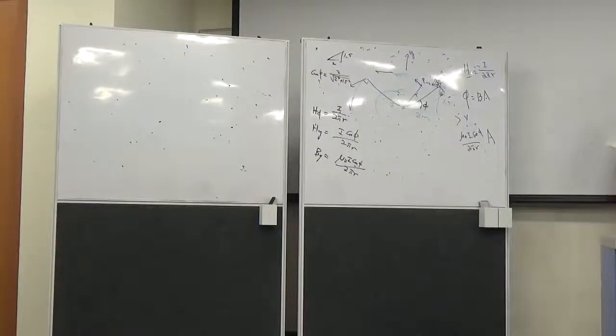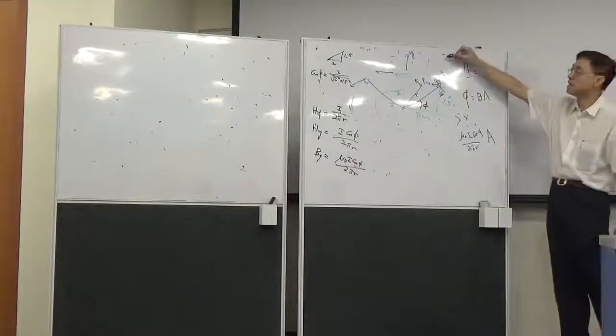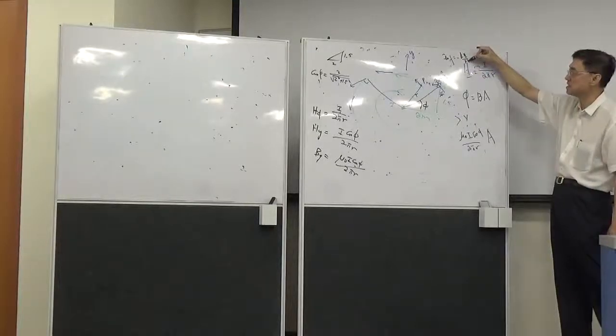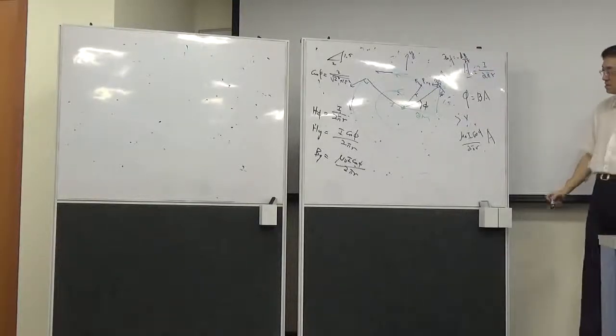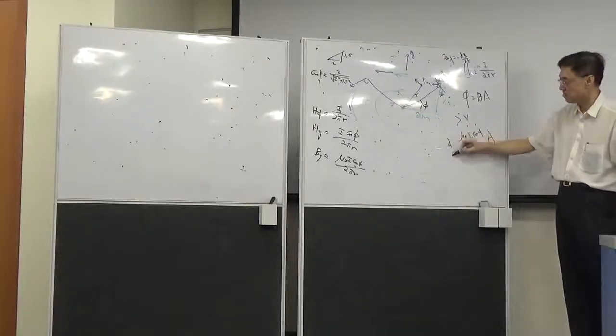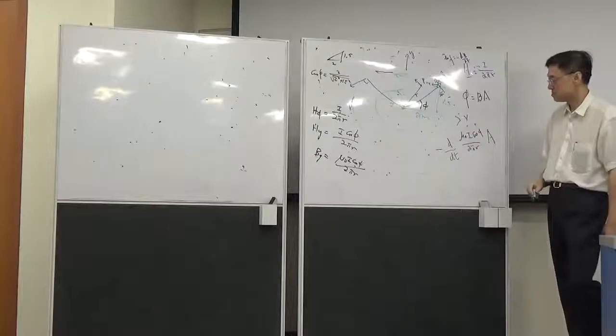This is flux. And what is Faraday's law? Faraday's law says that EMF is equal to minus d flux dt. So now it is equal to minus d dt.